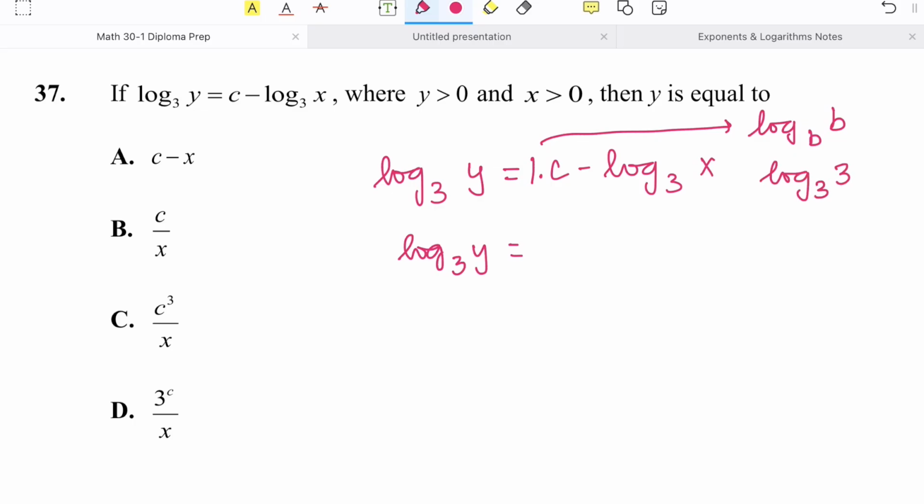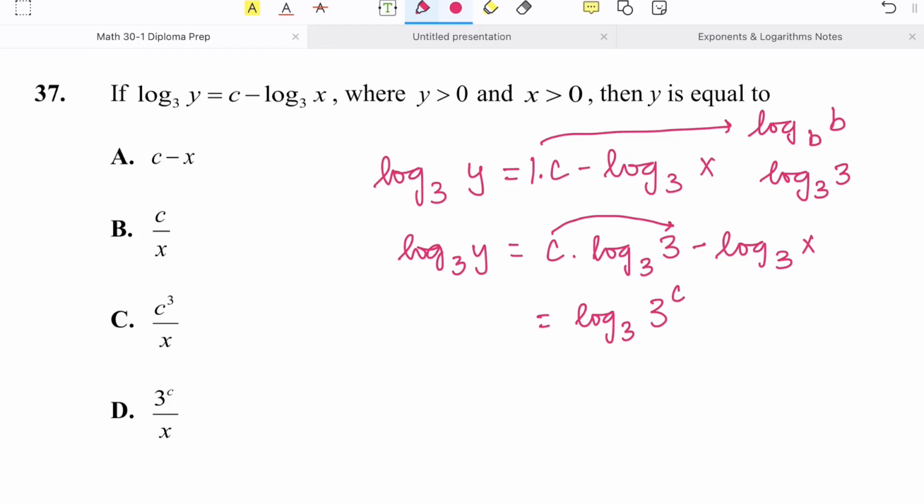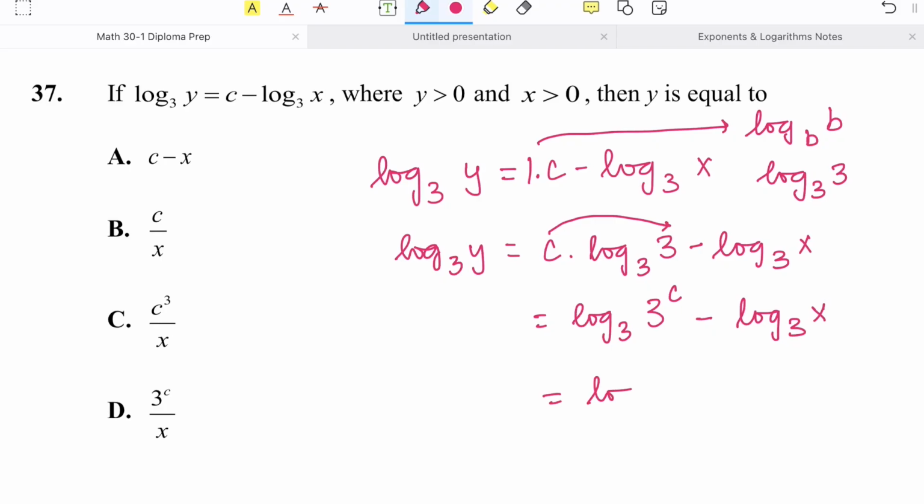So we'll do c times log base 3 of 3, which is just going to be, if I bump it up, log 3 to the power of 3c, minus log 3 of x, which will be, when we have same logs, it's going to be 3c over x, right, which is equal to log base 3 of y.